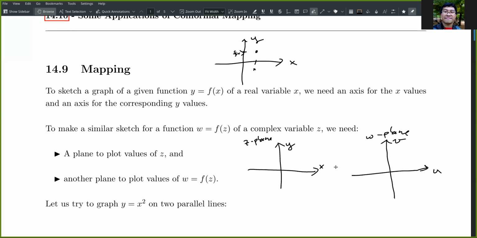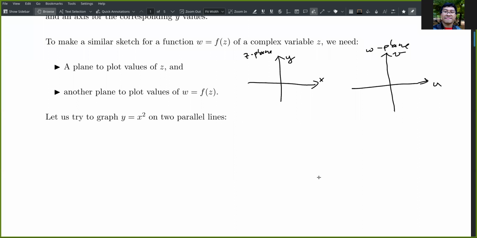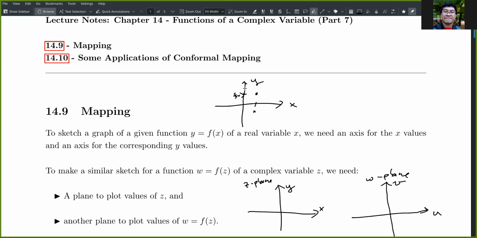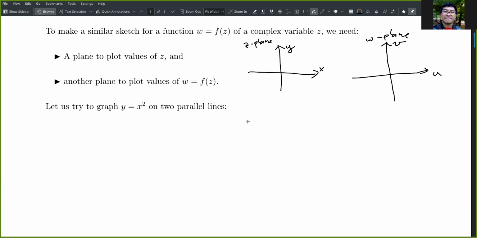Now, to be familiar with how we do the mapping, or how we do the plot of a function of a complex variable, let's try it for a real variable first, but instead of writing the axes in one plane, we'll write the axes in two separate lines.